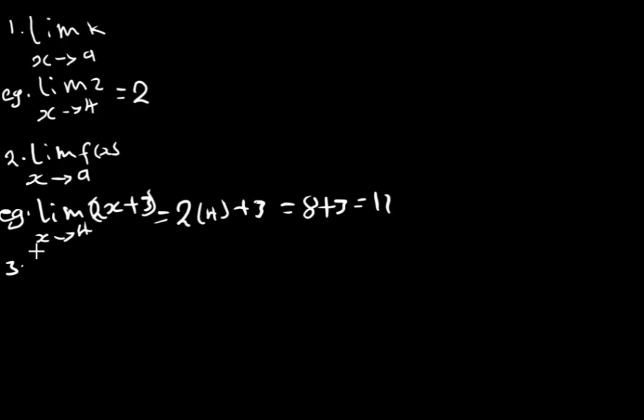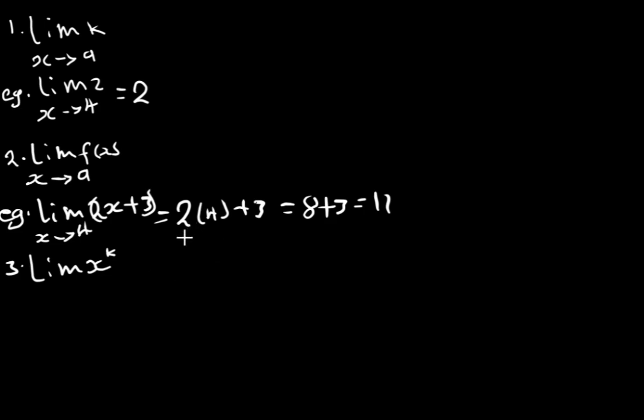But at this point, let's consider the one with power 2. So let's say we have limit of x power k. Here it can be x power 2, power 3, power 4. Any power that you'll be given, you are still going to solve it.